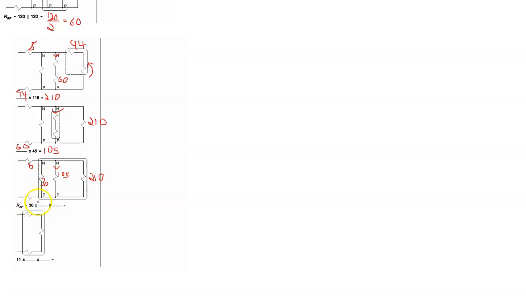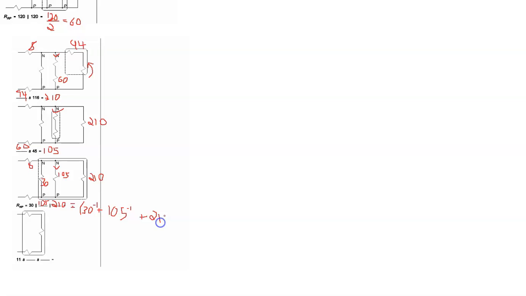So we got 30 in parallel with 105 and 210, and so now that calculation, maybe the easiest way to do that now is to say 30 to the -1 plus 105 to the -1 plus 210 to the -1.